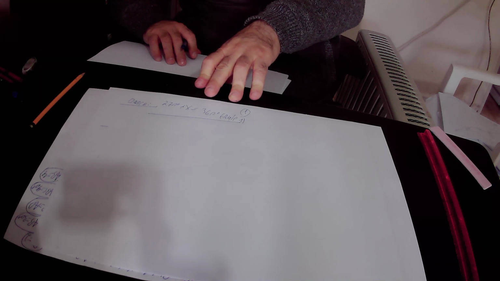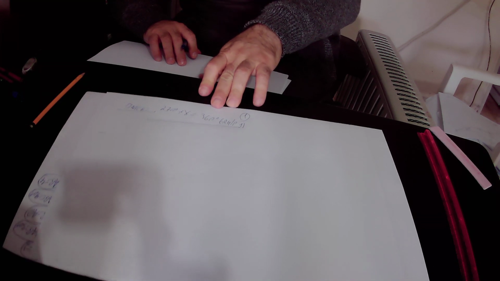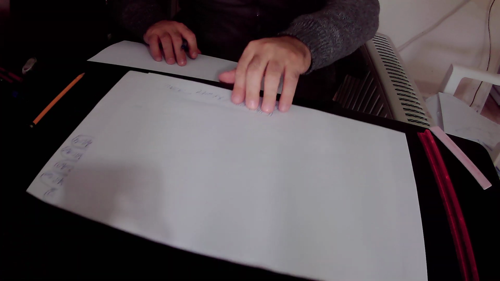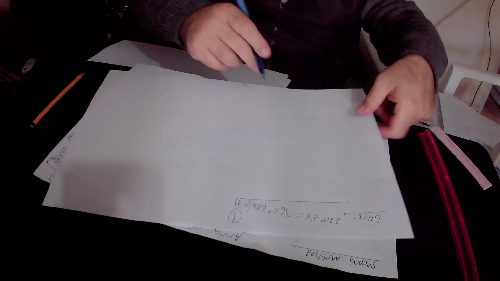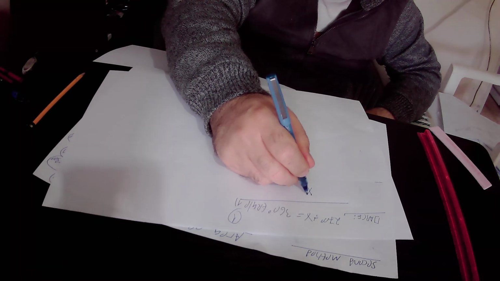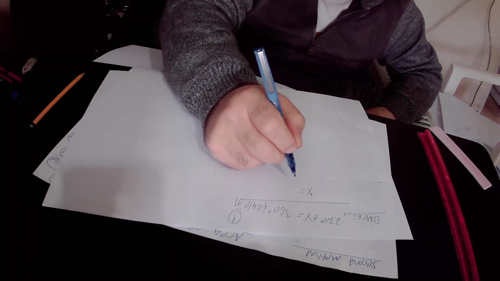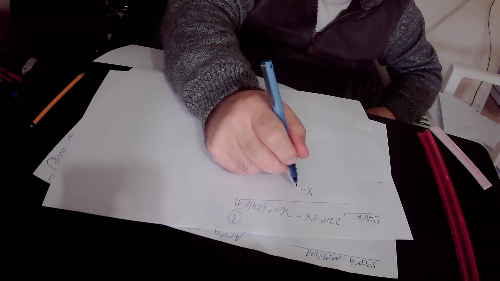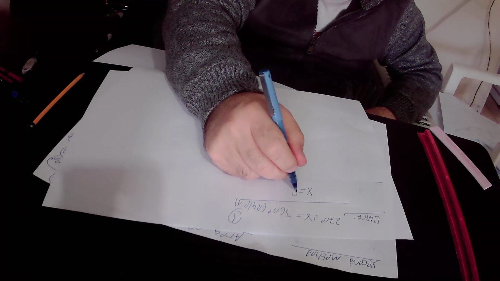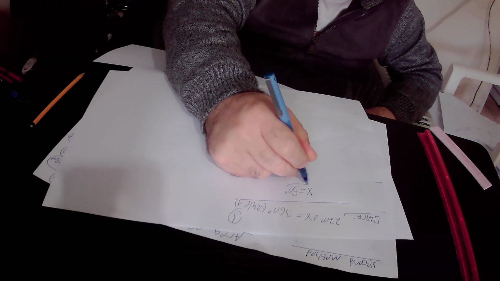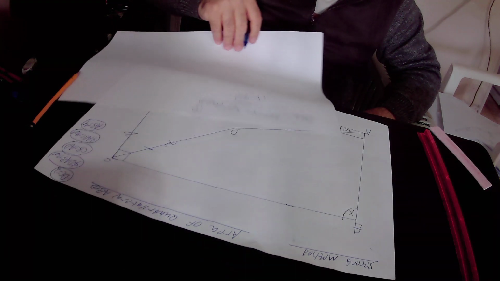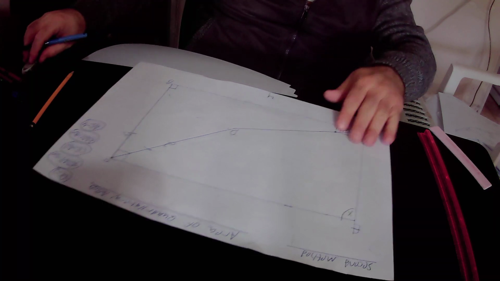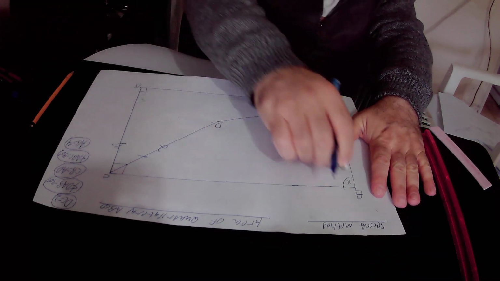We will subtract 270 degrees from this equation, and we will get that angle X will be equal to 360 degrees minus 270 degrees is 90 degrees. So we found out that angle X is a right angle, that is to say it is equal to 90 degrees, so we'll substitute angle X by a right angle.